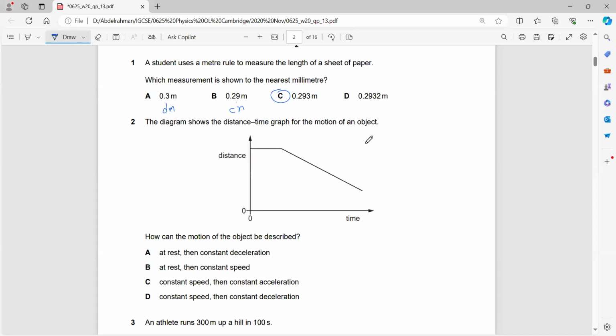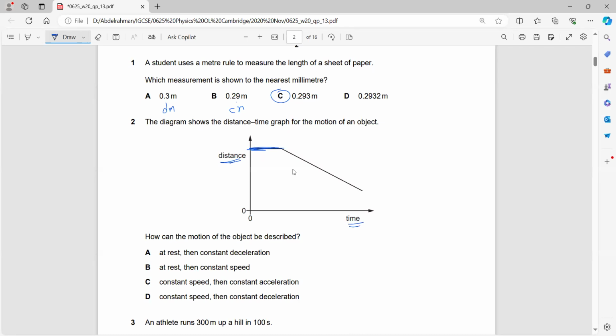How can the motion of this object be described? This is a distance time graph. Initially, the object was at rest, because this is distance.